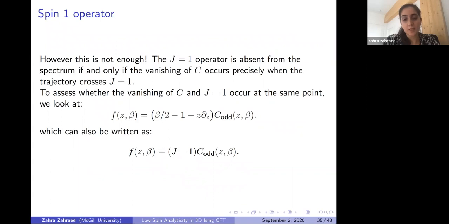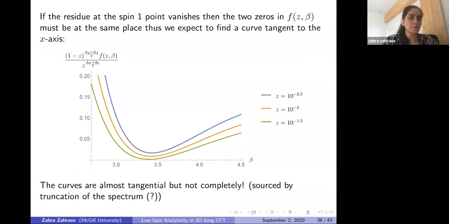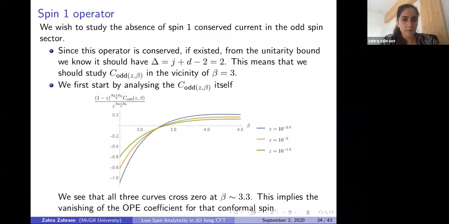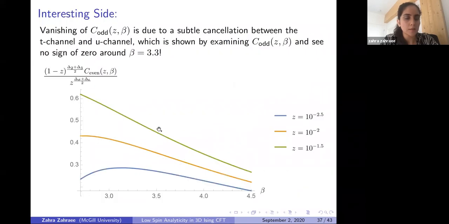So it would be CT minus CU. But if you're looking at even spin trajectory, it would be CT plus CU. So once we're looking at the odd spin trajectory, we see that there's a cancellation. However, once we look at the even sector, we see that there's no cancellation. This means that the vanishing of the OPE coefficient for spin 1 comes from the subtle cancellation between the T contribution and the U contribution. That was just an interesting side.